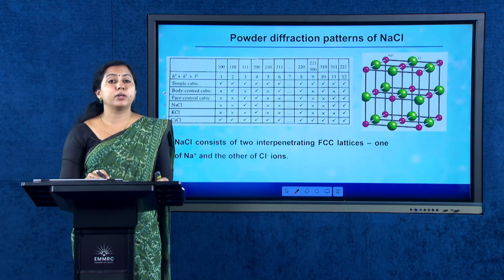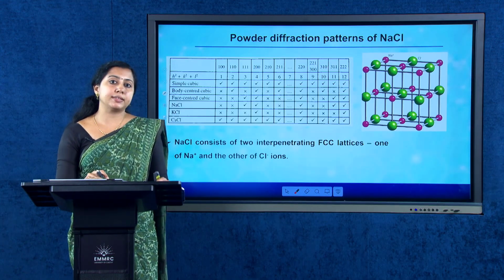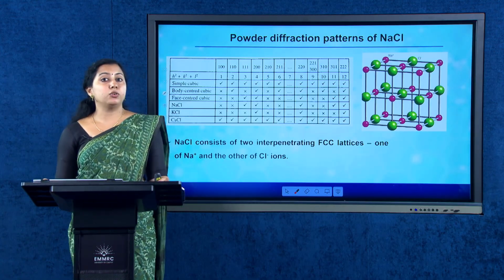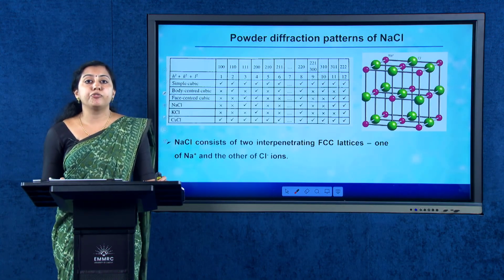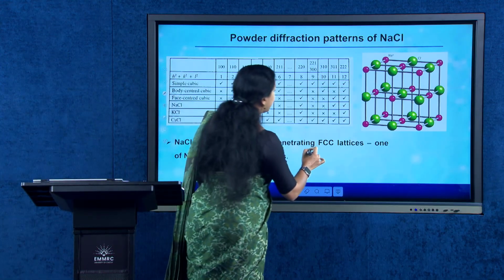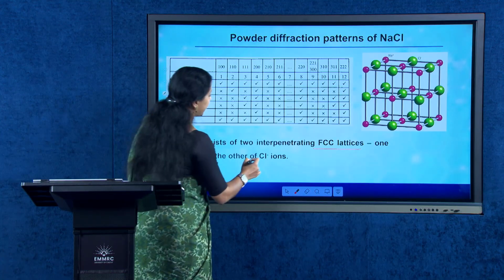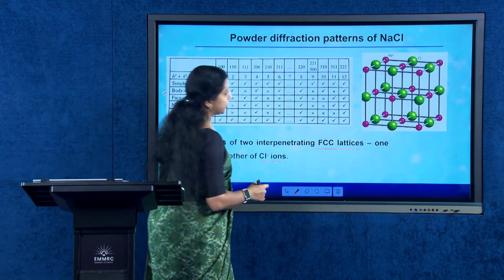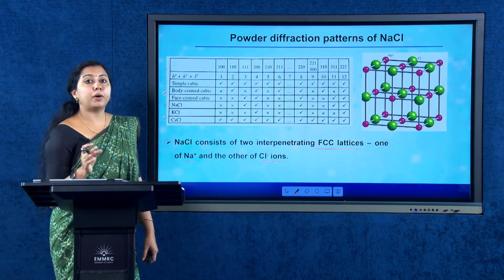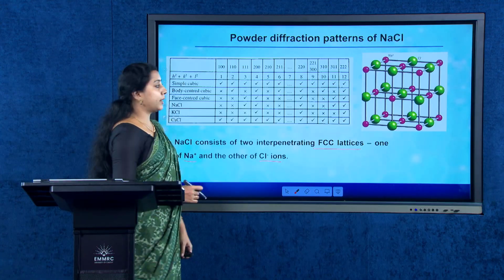First, consider the powder diffraction pattern of NaCl. We have already discussed the crystal structure of NaCl in the previous classes, and we know that NaCl belongs to a face centered cubic lattice, and it consists of two interpenetrating FCC lattices, one of Na plus and the other of chloride ions, as shown in the figure. Now, let us compare the powder diffraction pattern of NaCl and the FCC lattice.